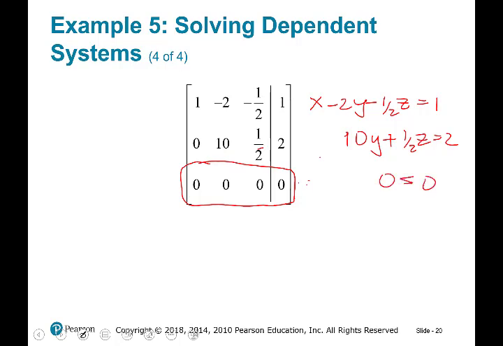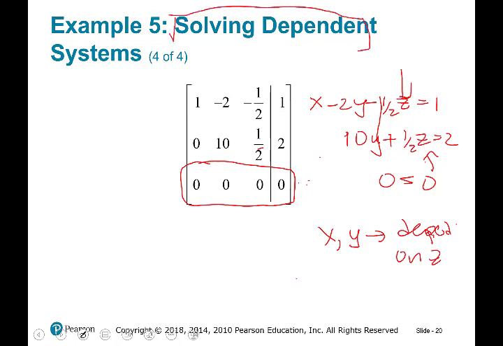You can see here that the values of x and y technically depend on c, right? Because I don't have a solution for the variable c, I have to come up with a number for c, and then I will be able to get a combination for x and y. So this is a dependent system. They're going to ask you to be able to identify this.